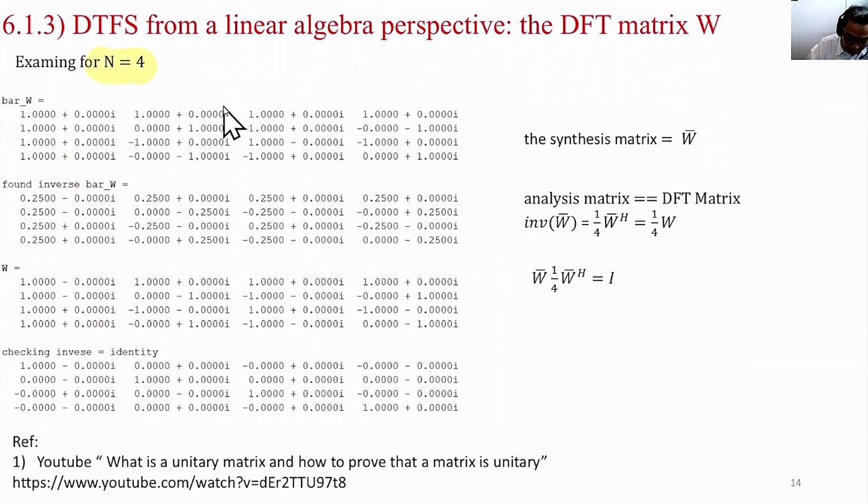So I would have W bar as a 4 by 4 matrix. So this is column B0, B1, B2 and B3. This is W bar.